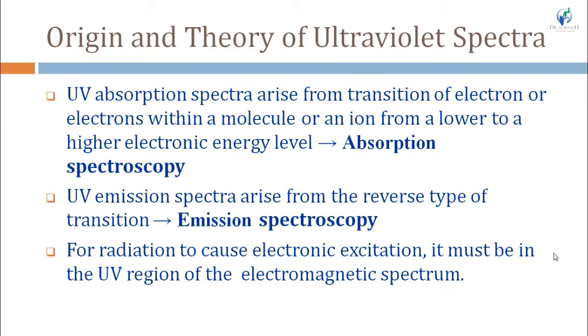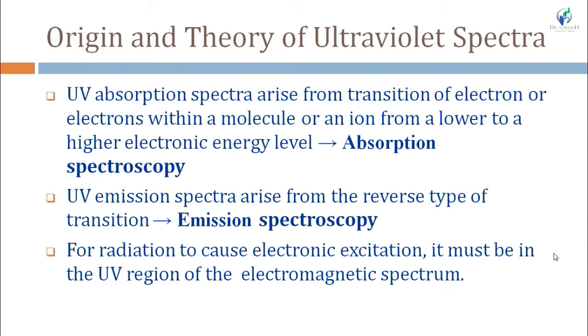So we can also get emission spectra, and that's why UV and visible spectroscopy are also considered as emission spectroscopy. In that case, we get UV emission spectra, and in the case of absorption, we get UV absorption spectra. But generally, practically, we use absorption spectroscopy more than emission spectroscopy.